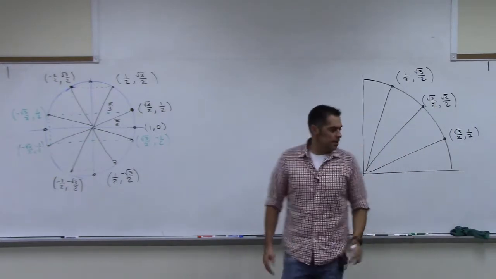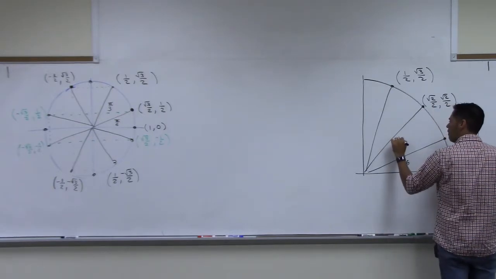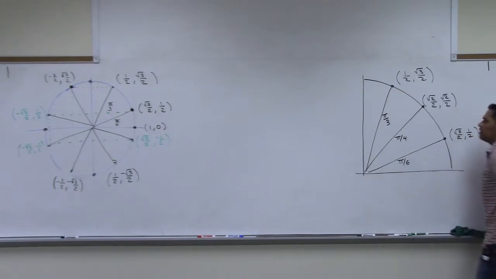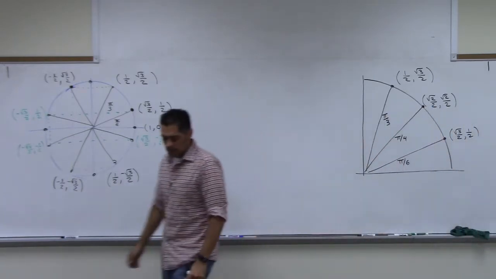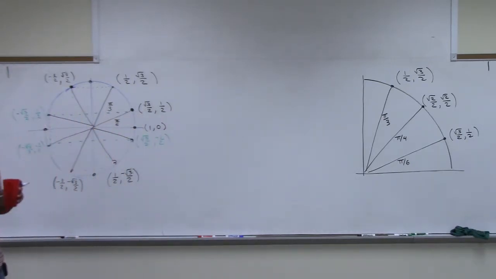So my argument is that if you can remember these, then all the others are just going to be reflections. And so you just have to make sure you get the signs right on those. That will take some time, all right, for you to get that.